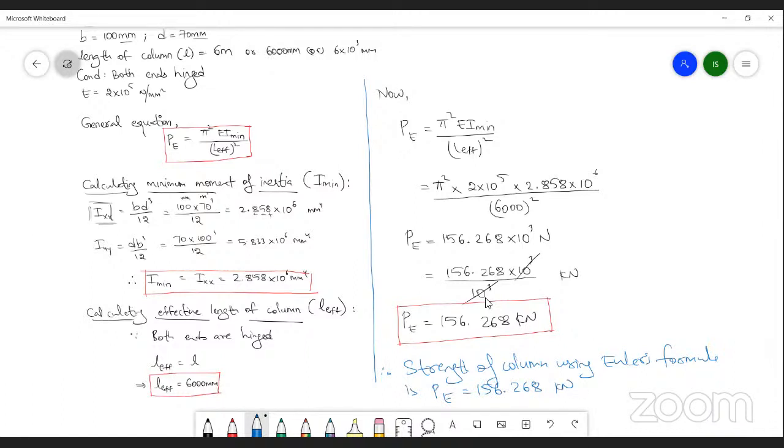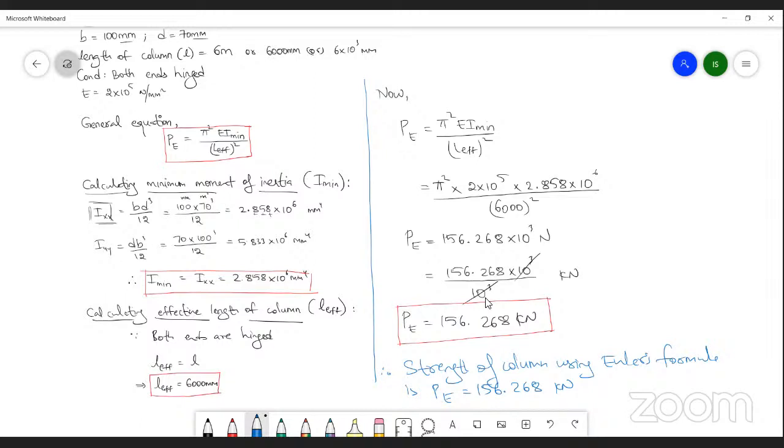This was the problem in which we found out the strength of column using Euler's formula. These are the steps that we have to follow in order to solve these types of questions. So what are the things that you have to remember?